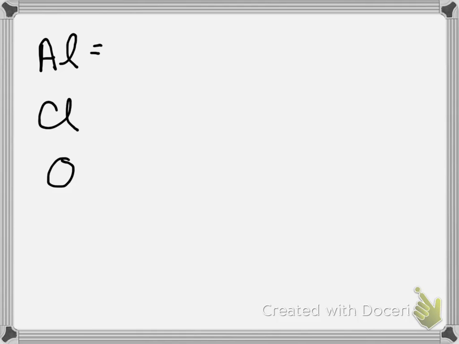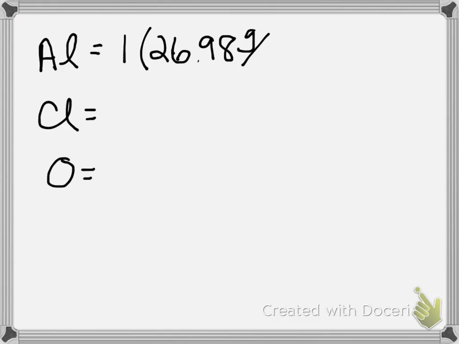And we want to multiply the number of each type of ion or atom by its mass. So how many aluminums are there? There's only 1 aluminum in the compound, and the molar mass found in the periodic table for aluminum is 26.98. What are the units? Grams per mole. Remember, for every measurement, there's always a number and a unit.